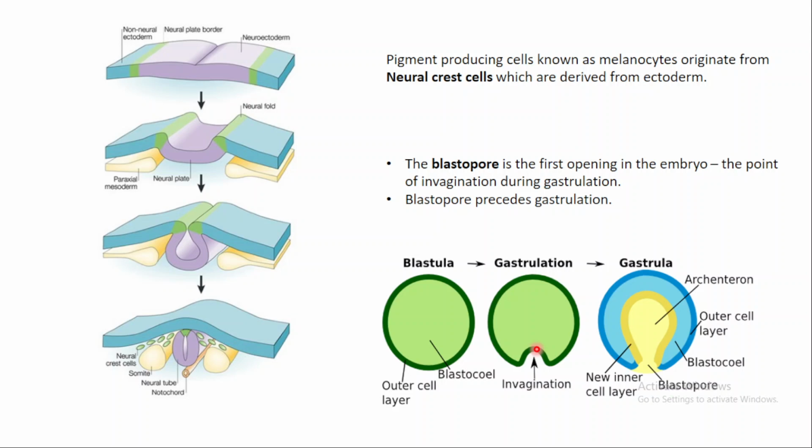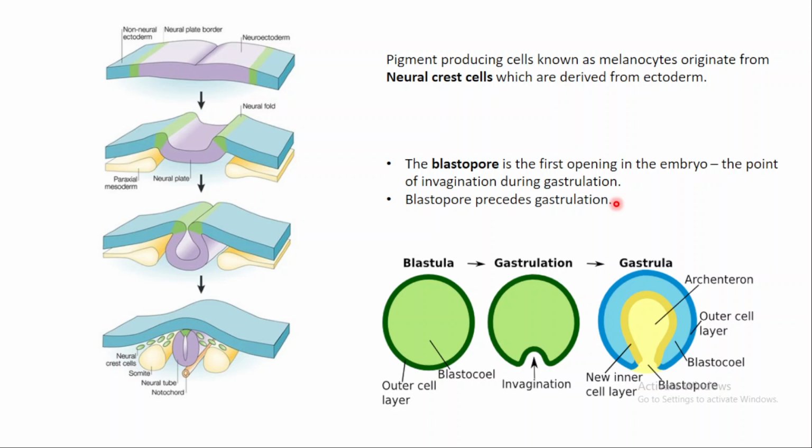Now this movement does not precede blastopore formation. In fact, the blastopore is the first opening in the embryo, the point through which cells can move inside, invaginate, and rearrange themselves, thereby promoting the process of gastrulation.